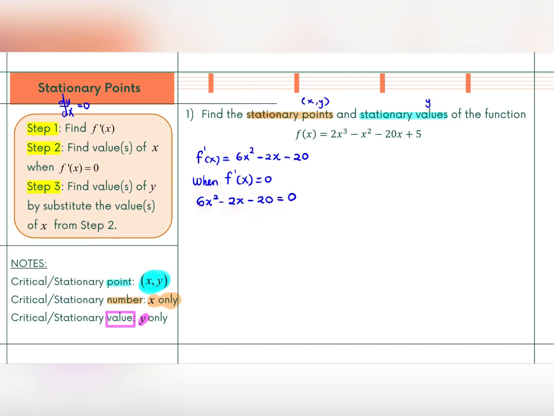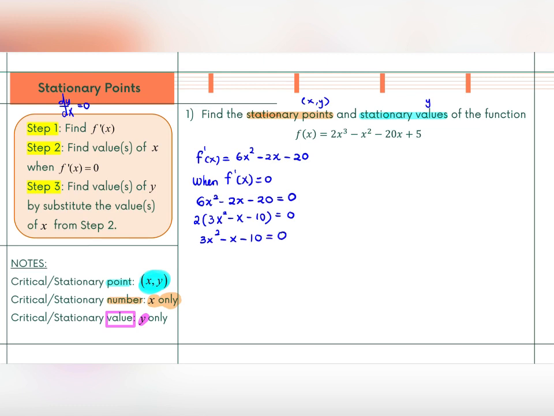So, saya boleh factorize 2 dekat luar. So, I get 3x squared minus x minus 10 equals to 0. So, now 2 ini boleh biarkan dekat sini ataupun nak pindahkan ke right hand side pun tak ada masalah. So, saya pindahkanlah supaya dia jadi 3x squared minus x minus 10 equals to 0.